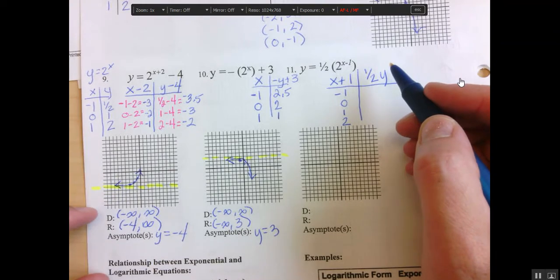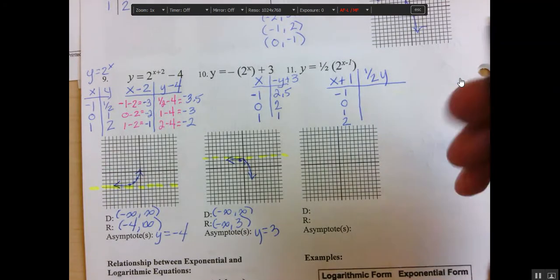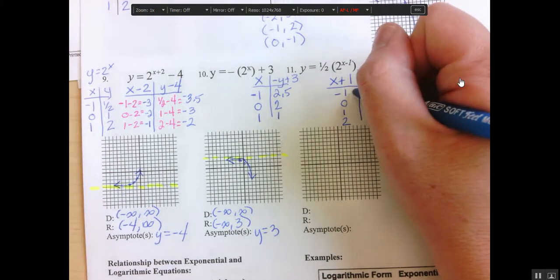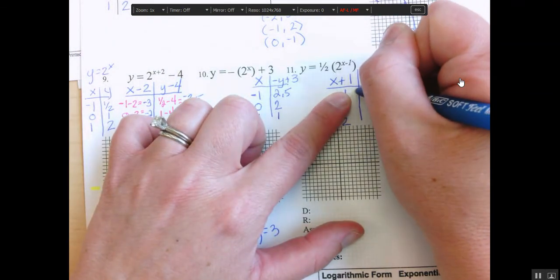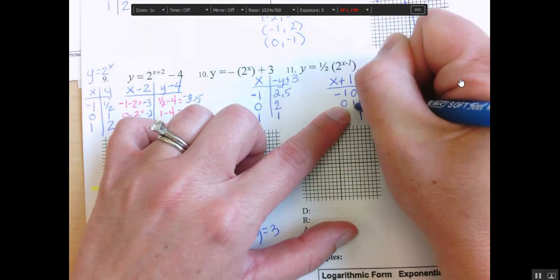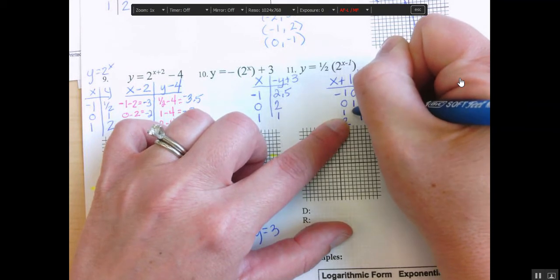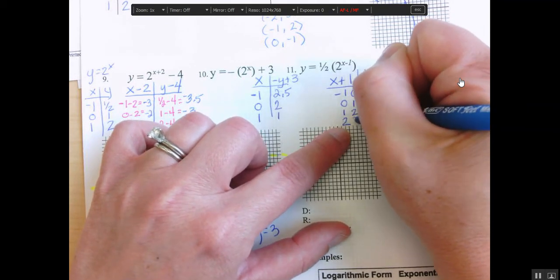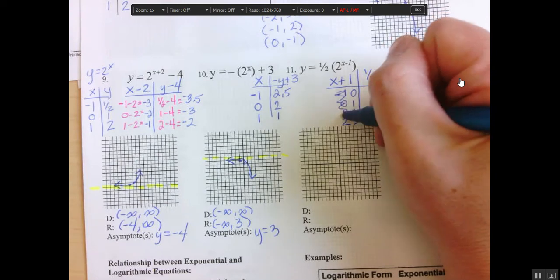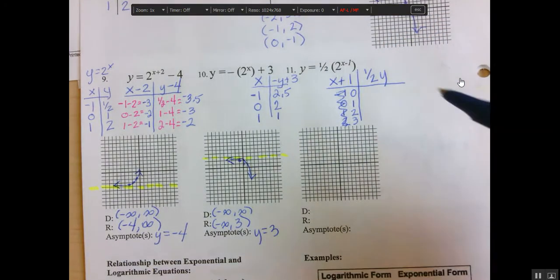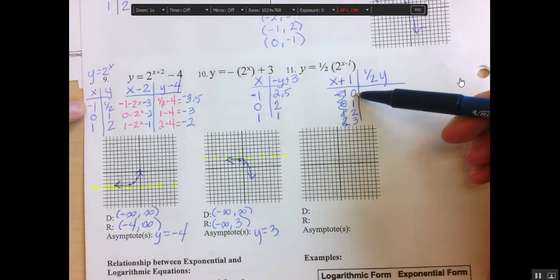Alright, so then, those are not my final ones though, right? I need to add 1 to them. So this becomes, when I add 1 to it, it becomes 0. This becomes 1. This becomes 2. And this becomes 3. Those were for my parent. Sorry. Okay, so guys, -1 plus 1, right?